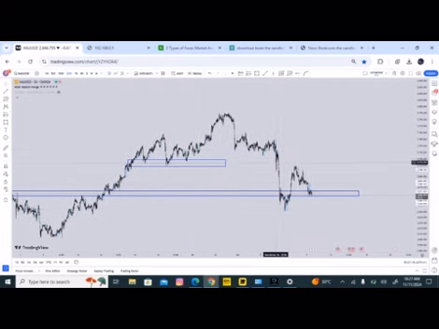Also, at this point, it came back to this area and tried to break it to continue below, but price just broke it and still went above, which is called a fake out. This thing you're seeing right here is a fake out. It's just a manipulation by the top traders, the big market makers. They are market makers that manipulate the market.